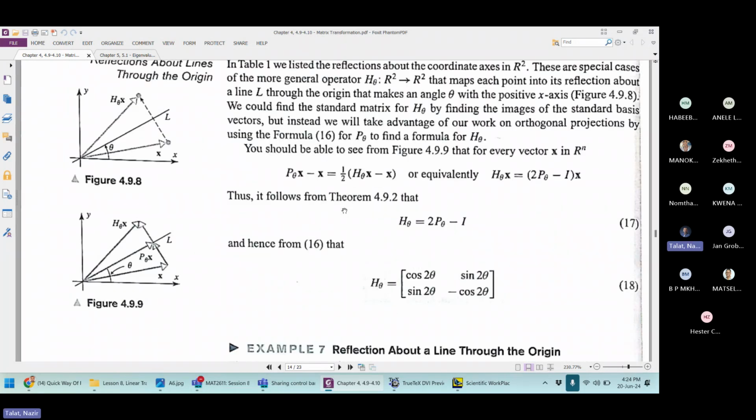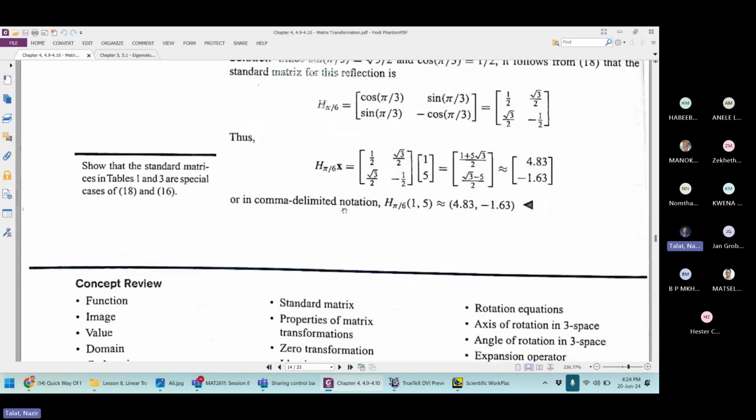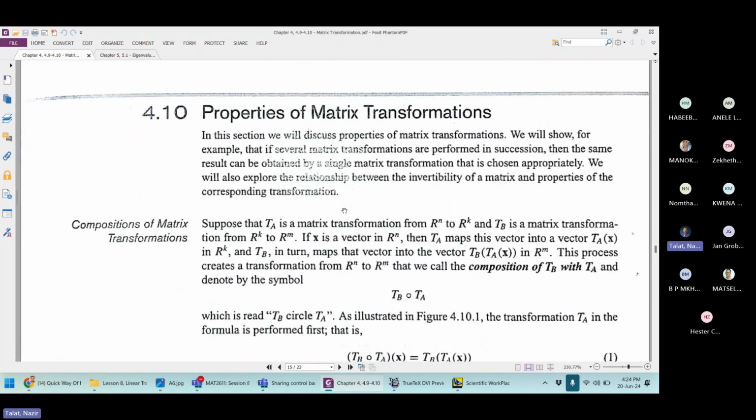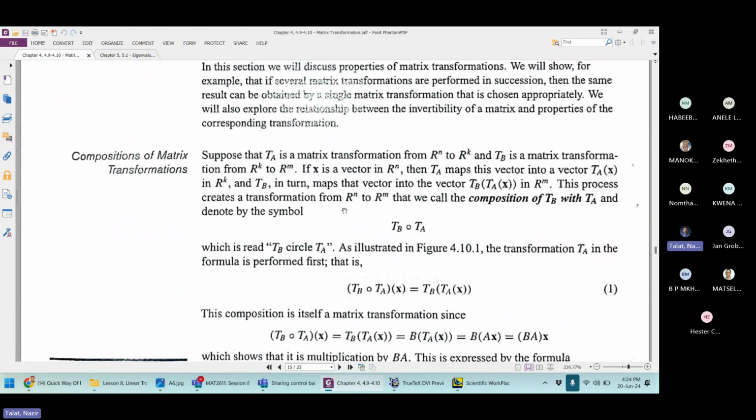So these are some examples regarding that. And when we come to some of its properties, and whenever we see compositions, that means when we have two operators, one is TA and the other is TB, then the composition of two operators is also an operator.